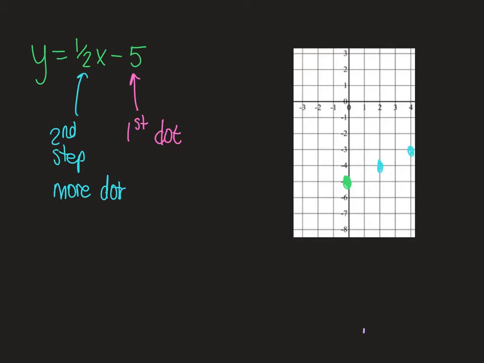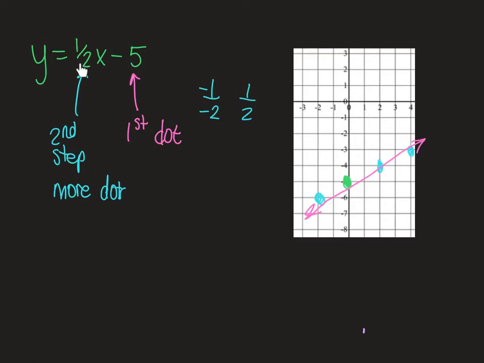But remember, if I run out of space, I can go down 1 and backwards 2, because negative 1, negative 2 is the same as positive 1 and positive 2. So I can either go up and right or down and left. Don't forget to connect your dots and show me an arrow. So that's it.